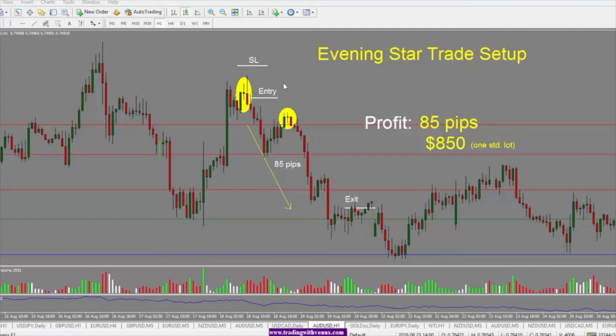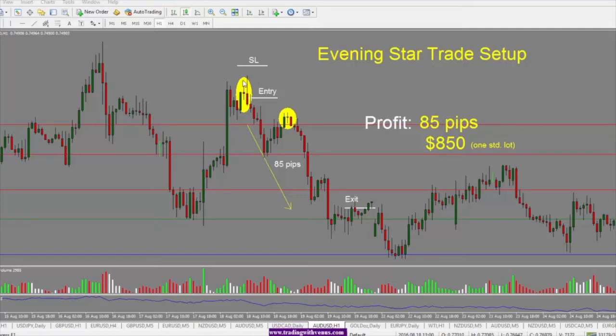So just to recap, evening star is a reversal formation. It's a bearish reversal formation and generally formed at the top of an uptrend. It signals that the price is likely to move to the downside now. So once we see the pattern set up, we look for a 50% pullback. Generally, it will come and test the pin here, so we can enter our trade short here.